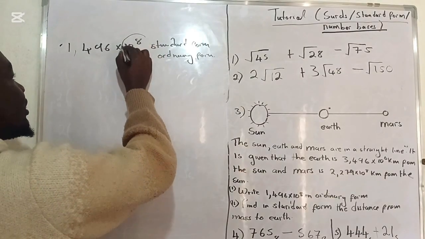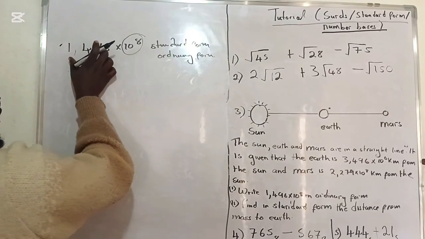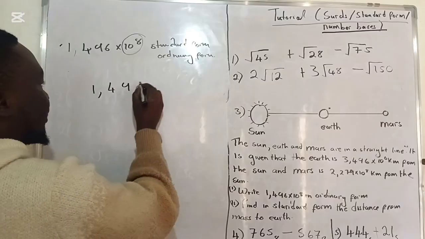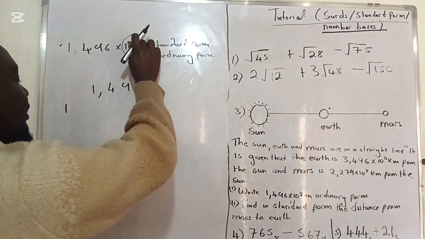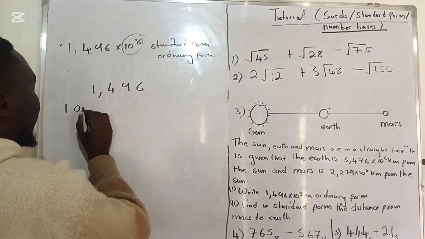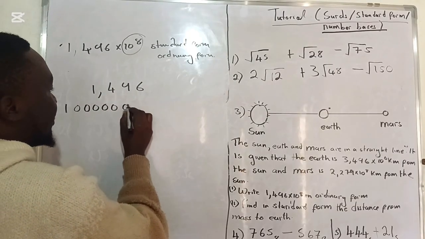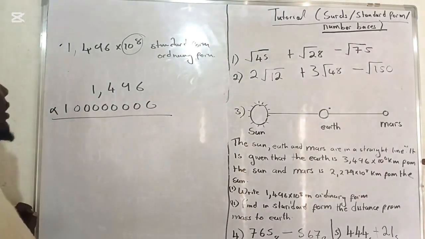So since this is 10 to the power 8, you are going to multiply. Let's write it. 1.496 multiplied by the number 1 with 8 zeros: 1, 2, 3, 4, 5, 6, 7, 8. You need to multiply this.